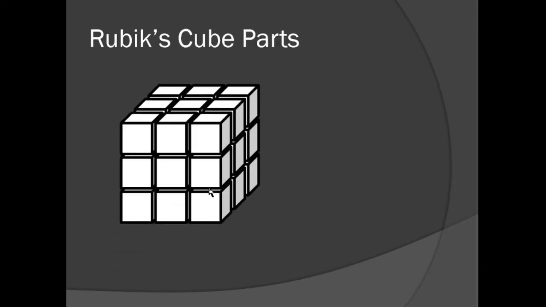Okay, so let's have the Rubik's Cube parts. First, we have the center. On this part of a cube, we actually have 6 different colors, and 6 determines the color of the faces.